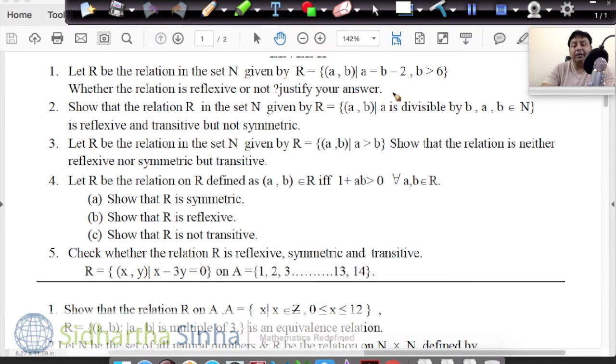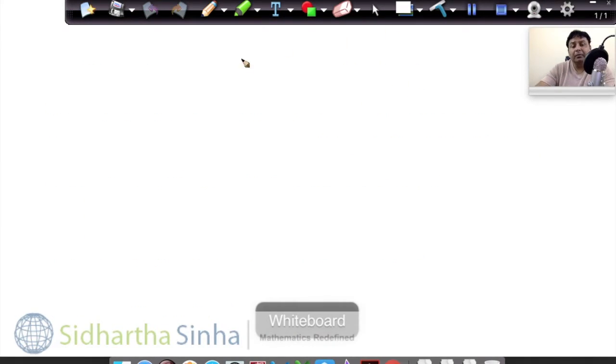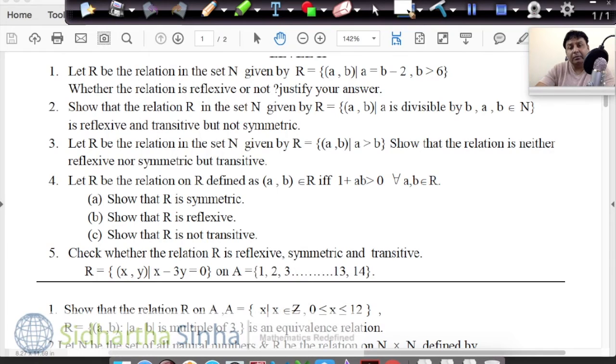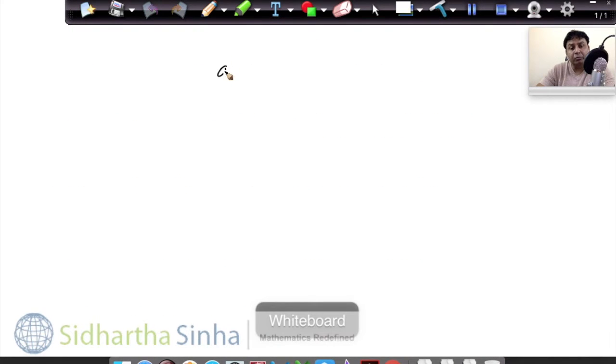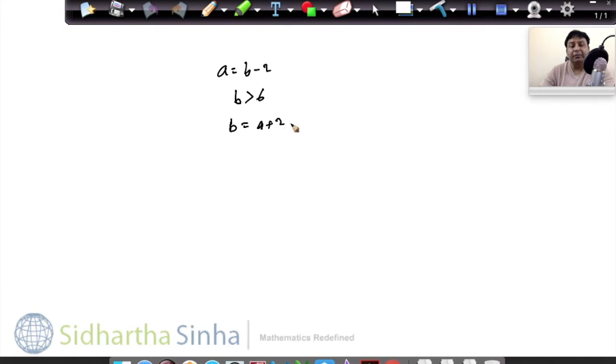Now it's given that A is equal to B minus 2 and B is more than 6. So B is A plus 2 and B is more than 6. So A should be more than 4.